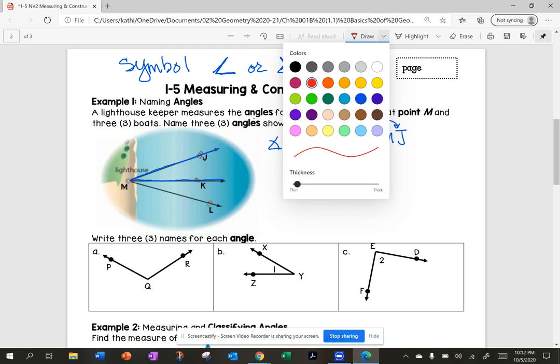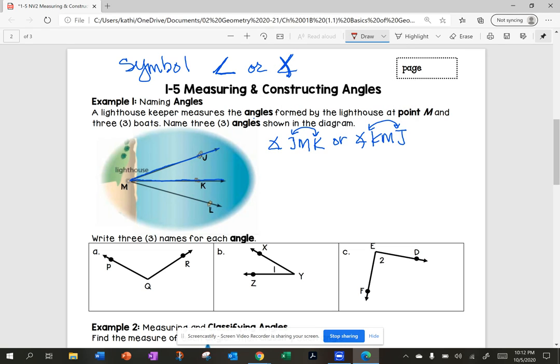Okay, another angle in this picture is going to be this angle here. So this is angle KML. Or again, I can have K and L in opposite locations. So this can be angle LMK.